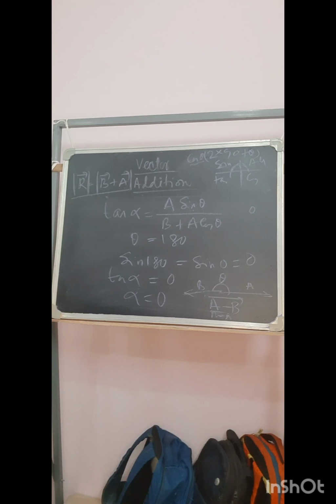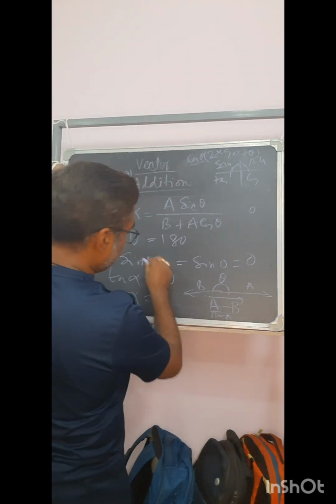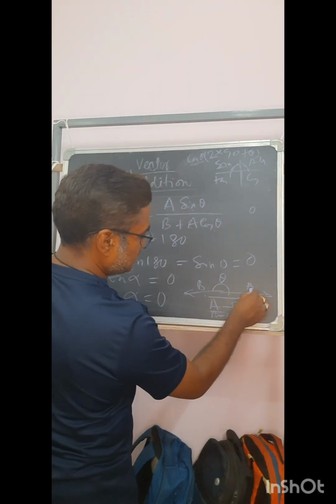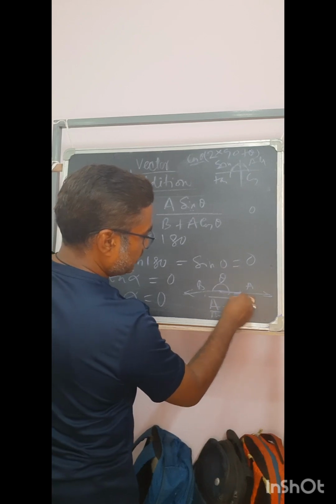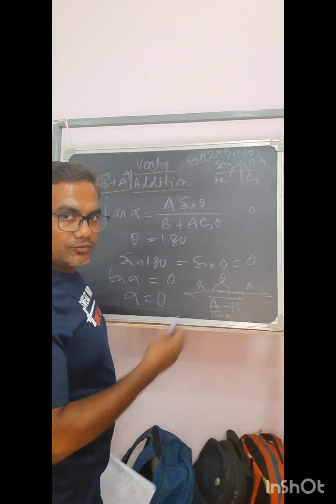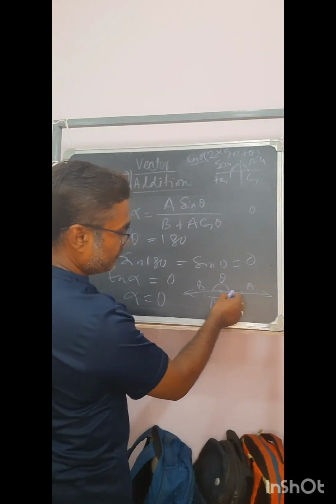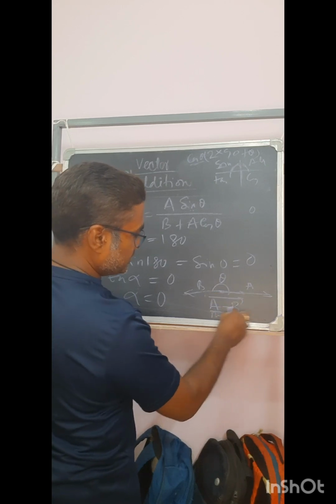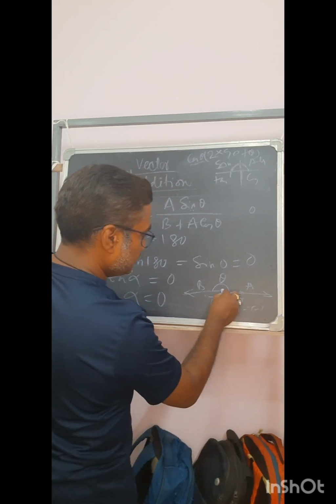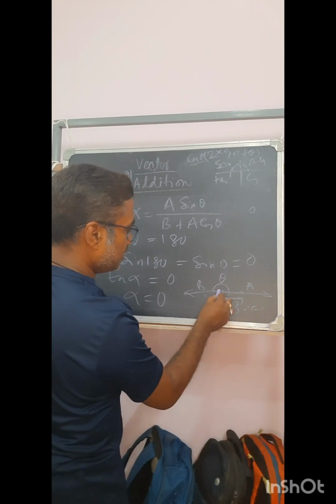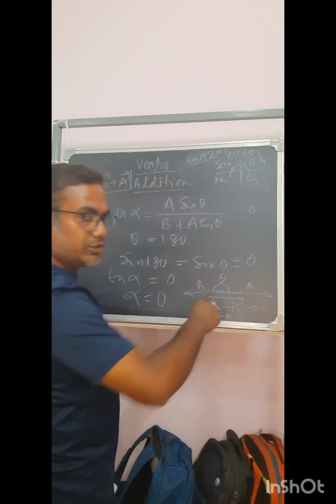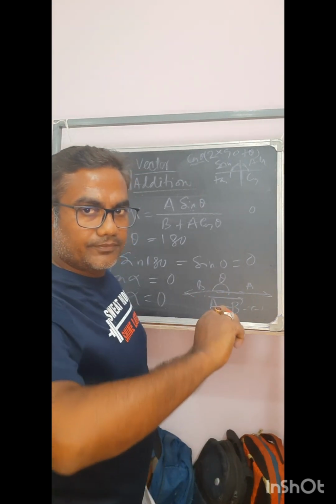Even if a is less, because I have taken this direction as positive, if the result is negative it will be in the other direction, but ultimately the resultant will be at 0 degrees with the vector.